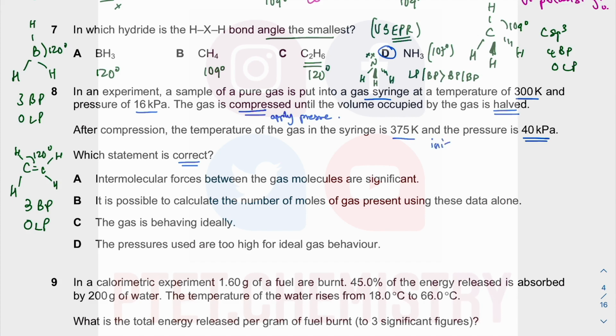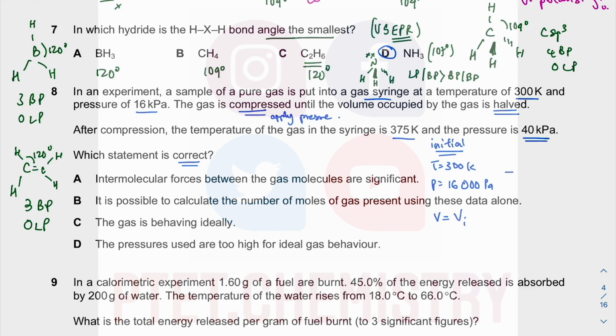So initial, or before. T equal to 300 Kelvin, pressure equal to 16,000 Pascal, let's say your volume is equal to V initial, VI. So I don't know the actual volume because they don't give us.